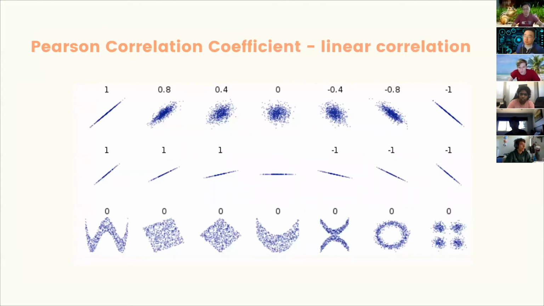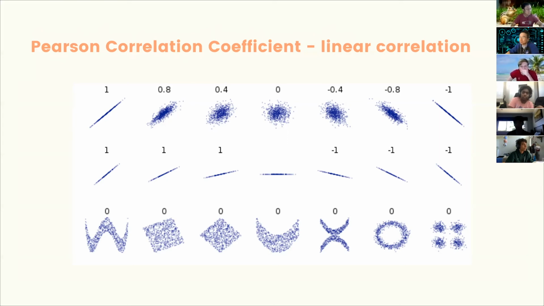So this correlation coefficient is only a linear correlation, okay? It only describes how spread out your data set is. So for example, we have X and Y here, right? And you can see the first one, X and Y are perfectly correlated because they're lined up into a line. Doesn't matter what the slope is, this line will still give you a correlation equal to 1. As I said, it only describes the spread of the whole thing. And you can see in the middle here, it looks like X doesn't depend on Y at all, right?